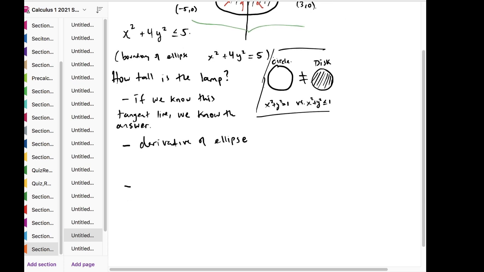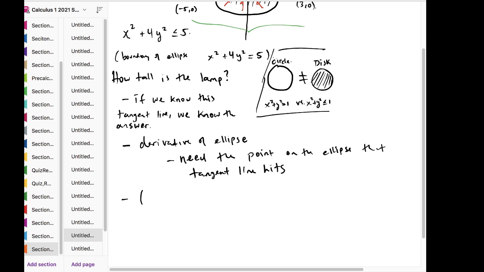So we need to know the point on the ellipse that the tangent line hits. And how do you find that out? Well, maybe the -5, 0 is a point on the line.